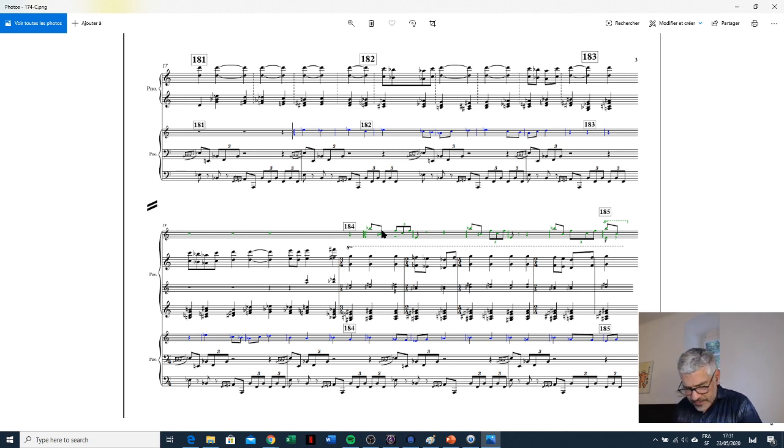What is that motive? Very simple. It's like a melodic version of the rhythm in the percussion. Tito, tito, tito. Yeah, tito, tito, tata.